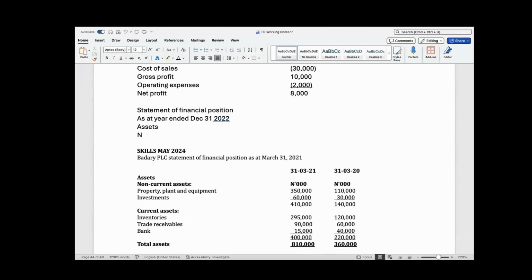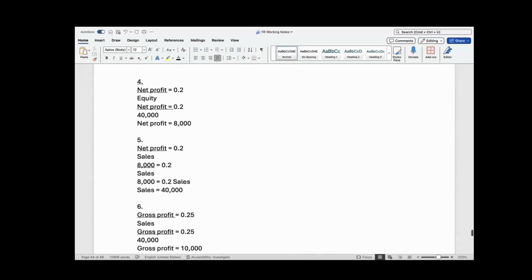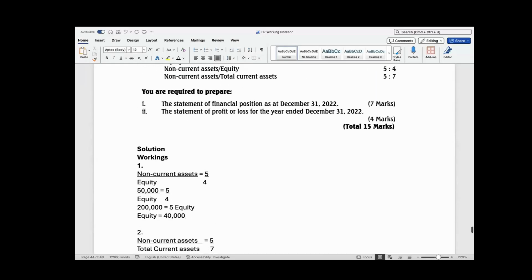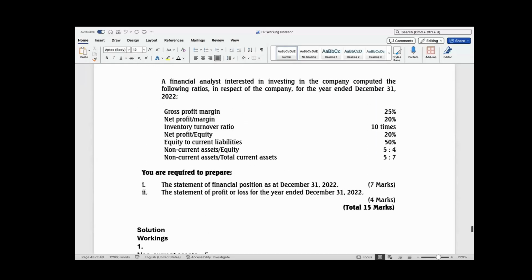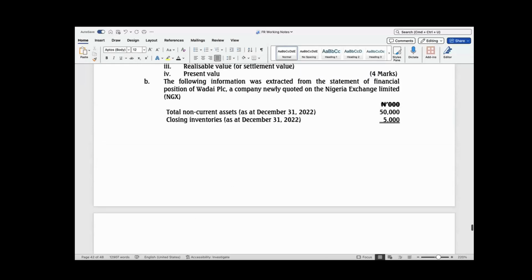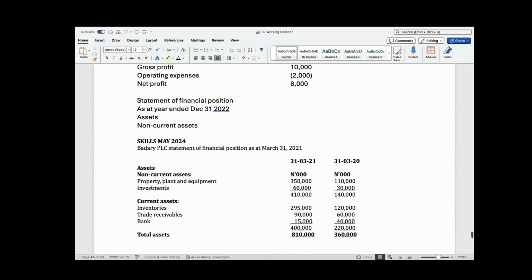Under my assets, I have my total non-current assets. They gave me 50,000.